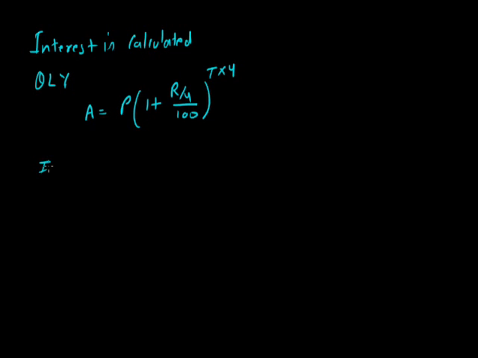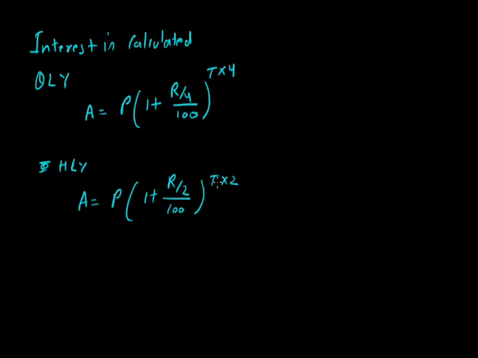And when the interest is on the half yearly basis, the amount is equal to P into 1 plus the rate divided by 2 and the time period is multiplied by 2. So this is the change in the formula. When the interest is calculated on the quarterly basis, R is divided by 4 and T is multiplied by 4. And when it is half yearly, R is divided by 2 and T is multiplied by 2.